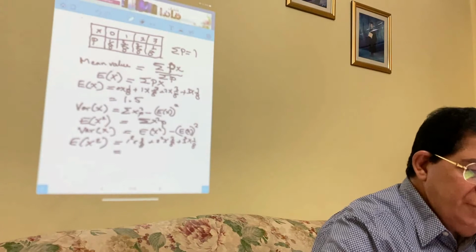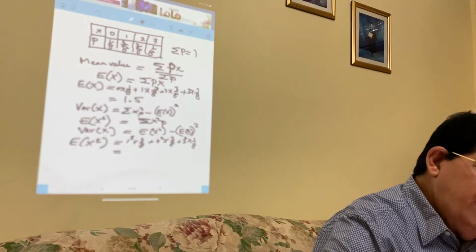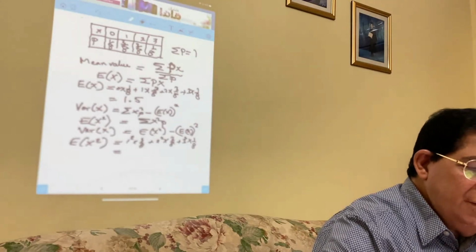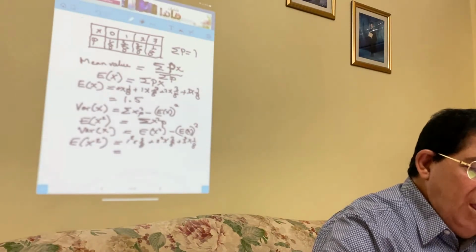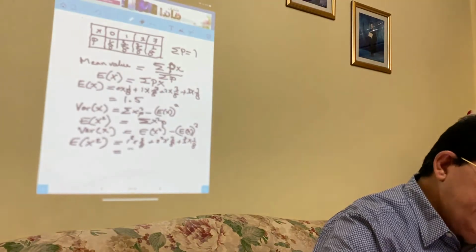Now, 3 over 8 plus 12 over 8 is 15 over 8, plus 9 over 8 is 24 over 8, which equals 3.